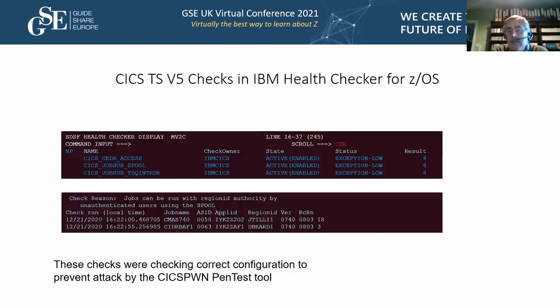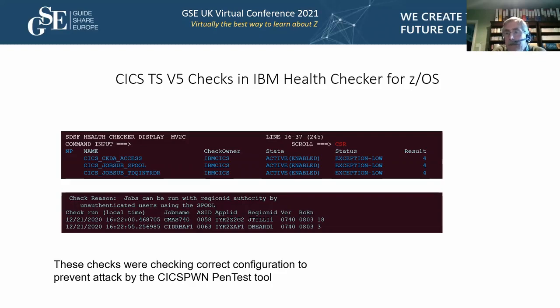So CICS has participated in the health checker for a few releases, and we originally put in 3 health checks which were there because of a hacker reporting a method in a public conference of how to hack into a poorly configured CICS system. This was the pen test tool CICSPwn.